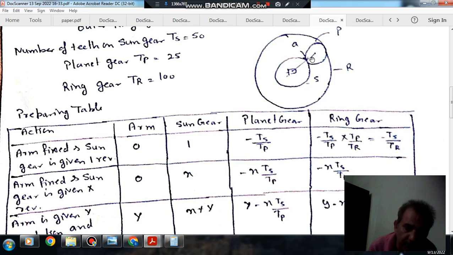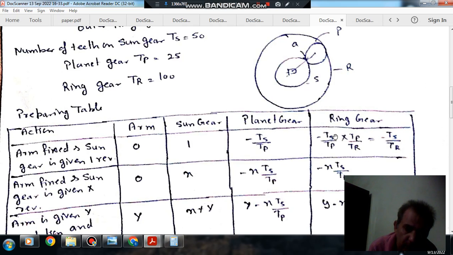Now this planet gear is in mesh with the ring gear, and the revolution of planet gear is minus TS by TP. The ratio of RPM of ring gear and planet gear is in the ratio of number of teeth on planet to ring gear.